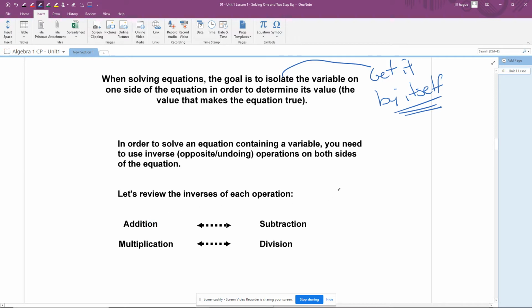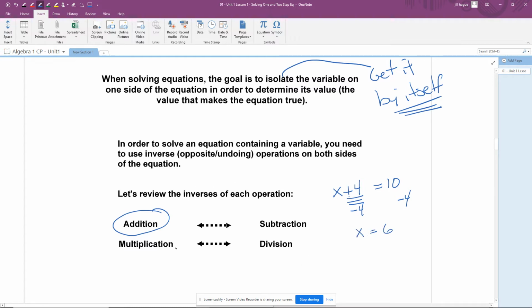Okay, so if I have like x plus 4 equals 10, and I want to get rid of the plus 4, I am adding 4 right here on this side. So how do I undo this plus 4? I undo it by subtracting 4 from both sides. Right, that's going to keep it in balance. I did the same thing to both sides. Why did I subtract? Because I'm undoing the addition. Okay, so in this case, x would be equal to 6.